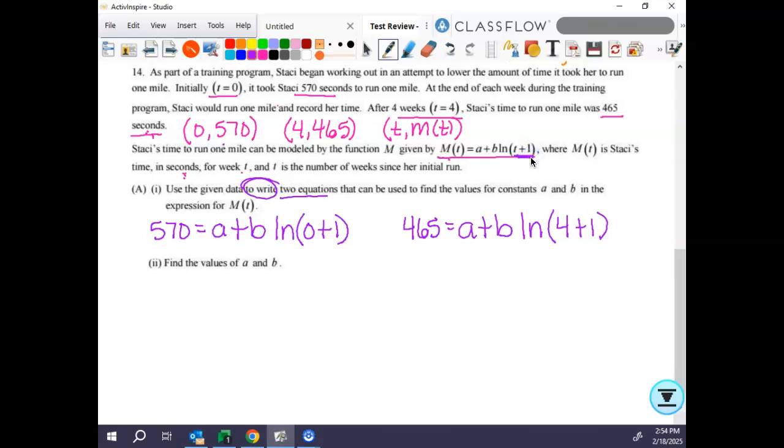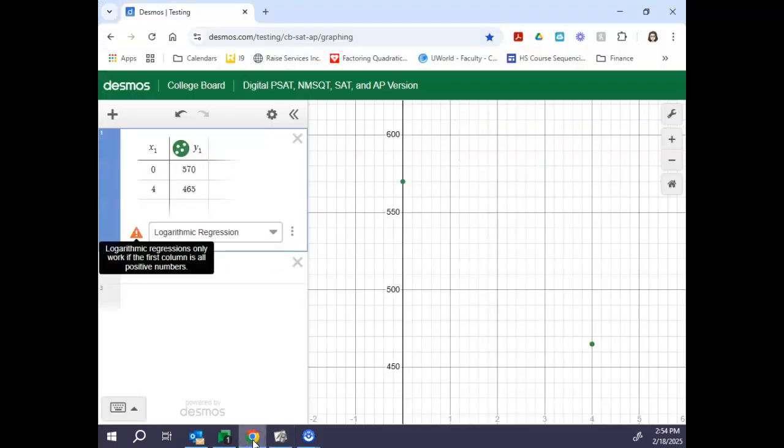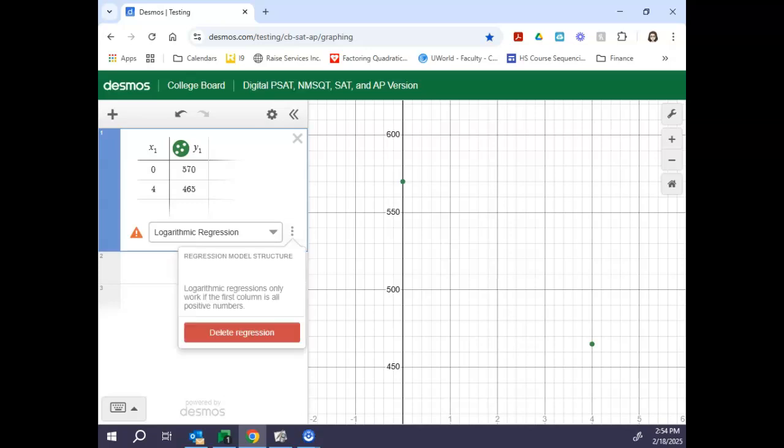And remember that what Desmos is going to give you is a plus b times the natural log of t. Now, we did two things to manipulate the logs in Desmos. One of the things we did was to export the regression and manipulate what the log was, right? And if I was able to export the regression, then I could change natural log to like log base 2 or whatever, and a and b would change accordingly.